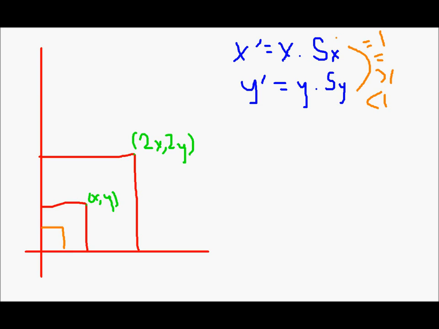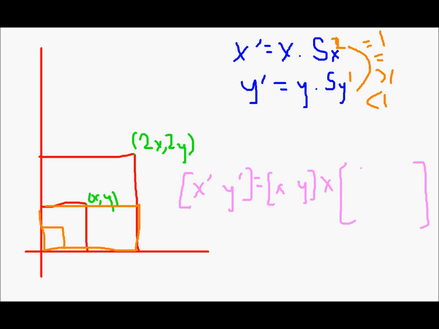If sx is let's say 2, and sy is let's say 1, then we can have the square turn into a rectangle, something like this. The matrix equation will be something like this: x dash, y dash is equal to the old x and y multiplied by a 2 by 2 matrix: sx, 0, 0 and sy.